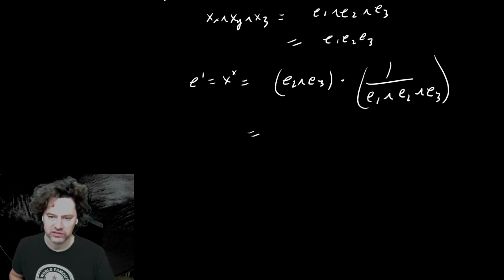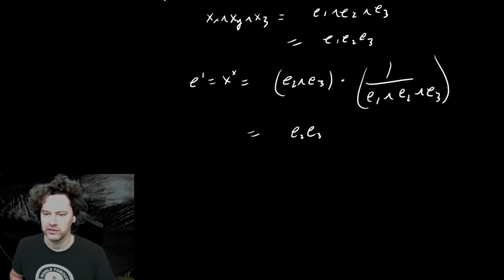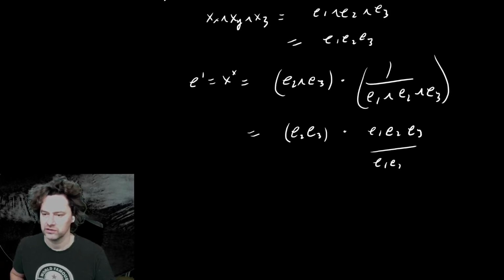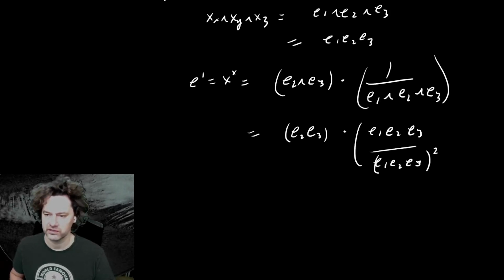Again dropping wedges, we have e2 e3 dotted with e1 e2 e3 divided by (e1 e2 e3) squared. So there, I just explicitly computed the inverse. The inverse of any pseudoscalar is just the pseudoscalar divided by that pseudoscalar squared.